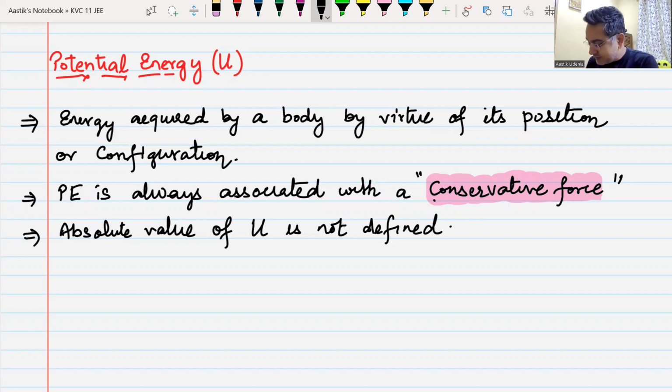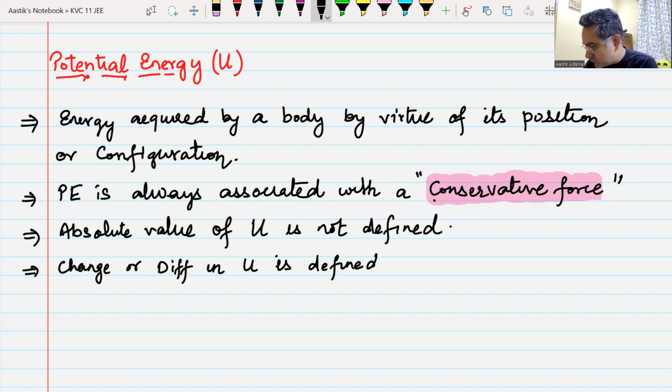Then what is defined? The change or difference in gravitational potential energy is defined.